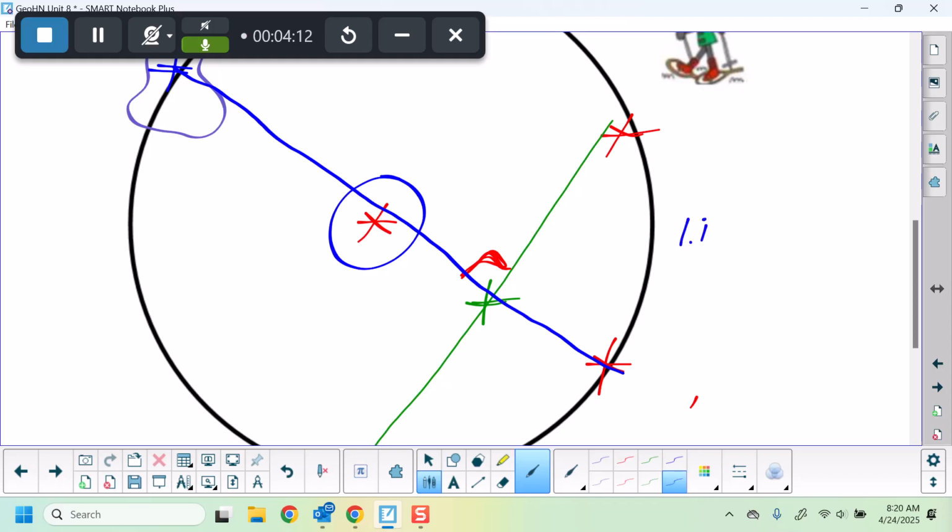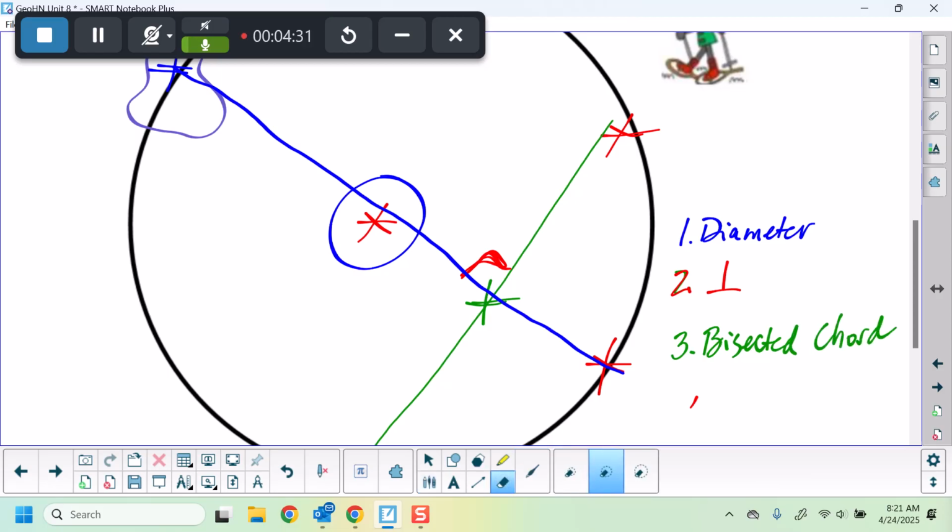Number one, if you have a diameter, we talked about our perpendicular relationship and our bisected chord. Most of the questions that people brought to me this morning that they got stuck on are understanding how those three things are all related. Anytime you have two, you have the third.